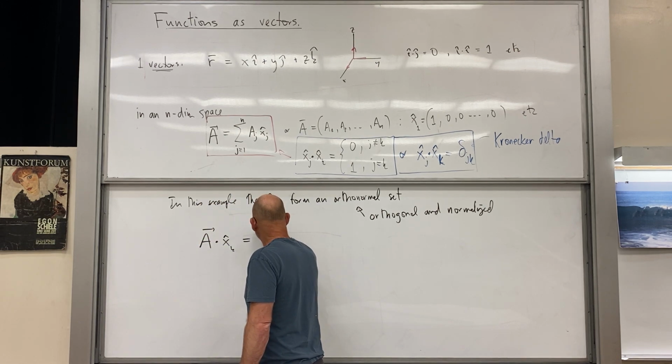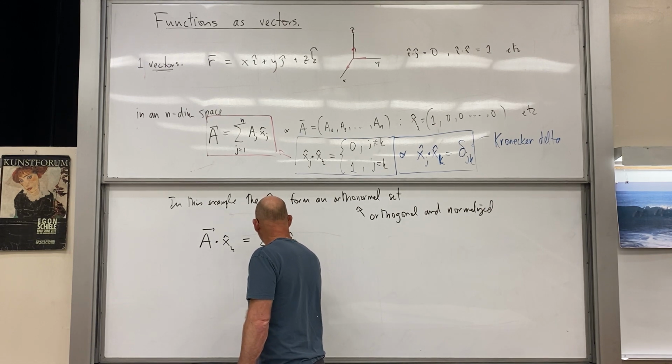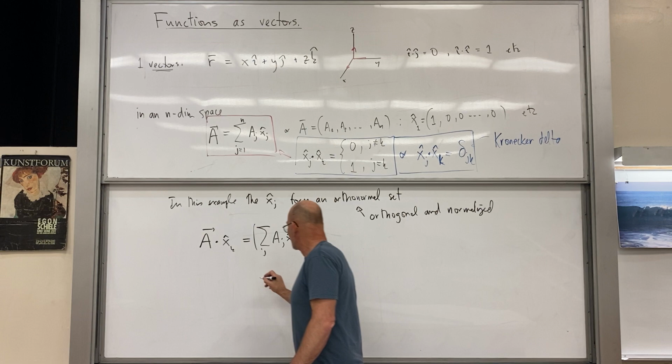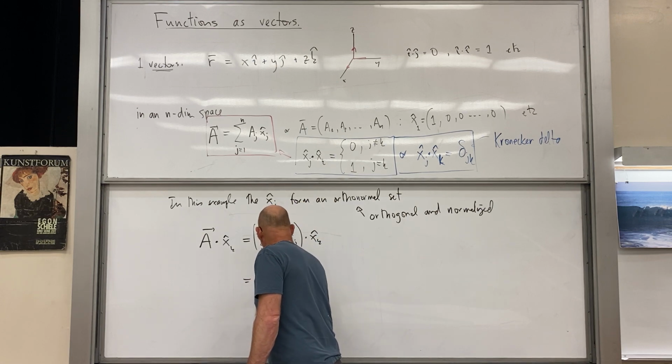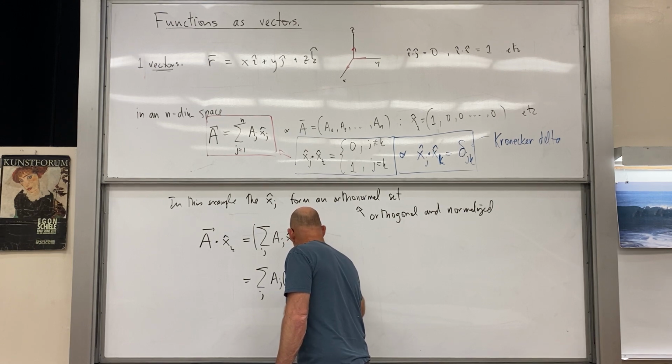Since we have this sum, a sub j, x sub j hat, we're going to dot that into x sub k hat, and that'll be the sum over j of a sub j, x sub j hat dotted into x sub k hat.